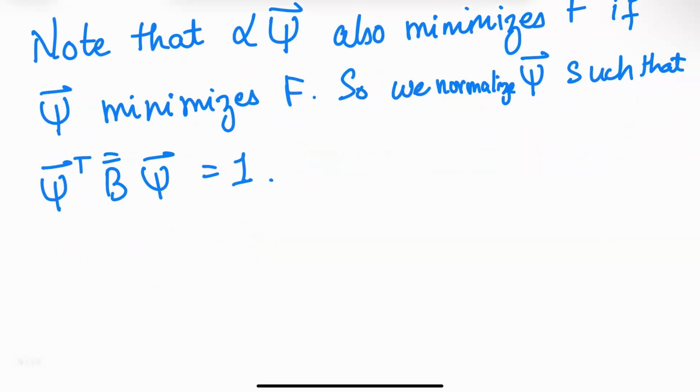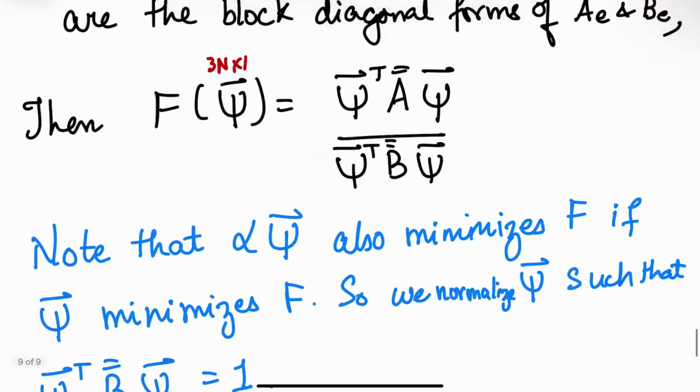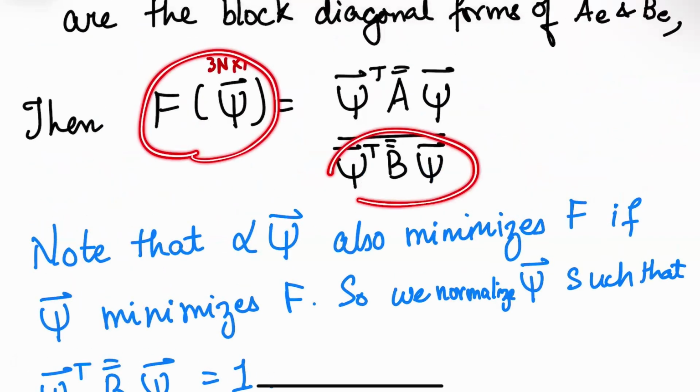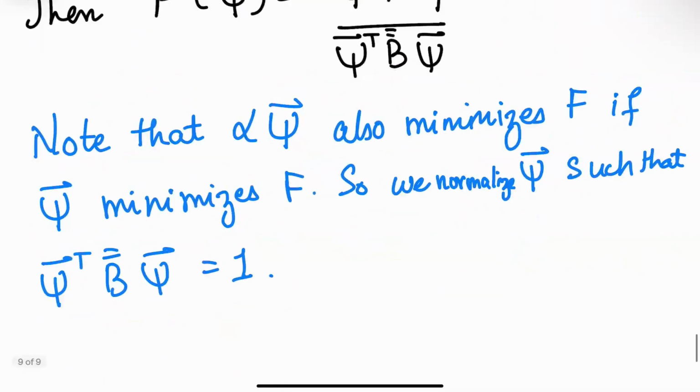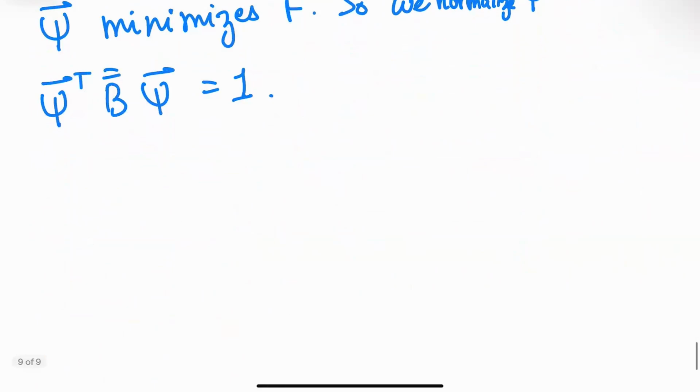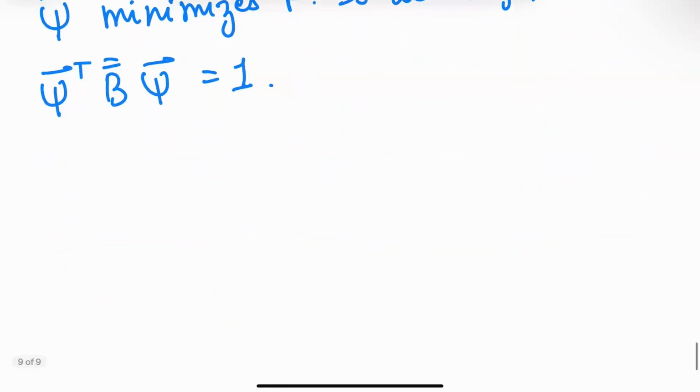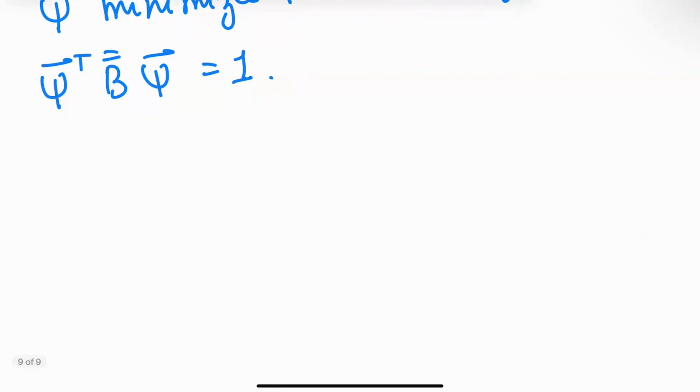Okay, so now we're left with what? We want to minimize this function. We know the denominator is equal to 1. So essentially, it's the same thing as minimizing this, subject to the condition that the denominator is equal to 1. So we've converted this optimization problem into a constrained optimization problem. Okay?